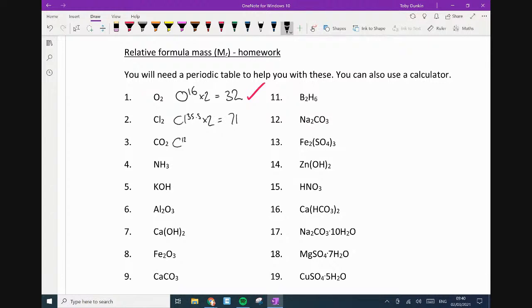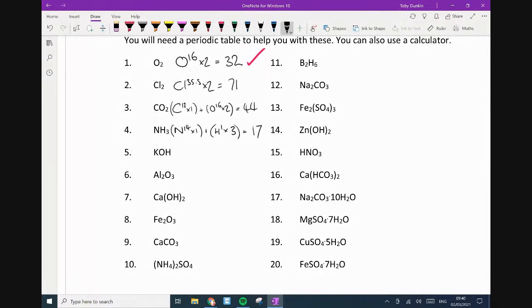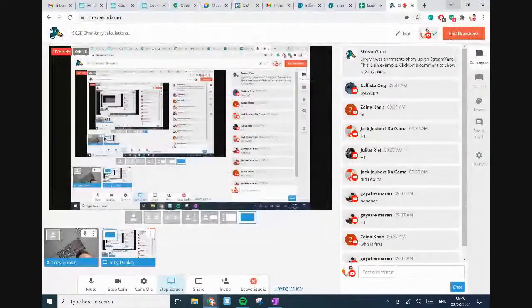CO2: carbon is 12 times 1 plus oxygen at 16 times 2, total 44. Ammonia, NH3: nitrogen at 14 times 1 plus hydrogen at 1 times 3 gives me a total of 17. Right, KOH, getting much more interesting now. Potassium is 39, I believe. I've got to check my table at that point.